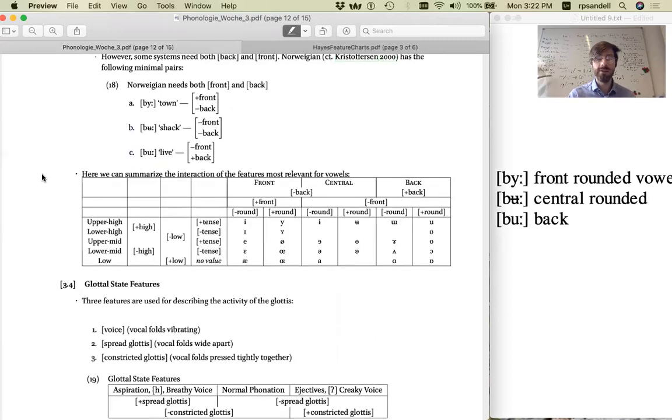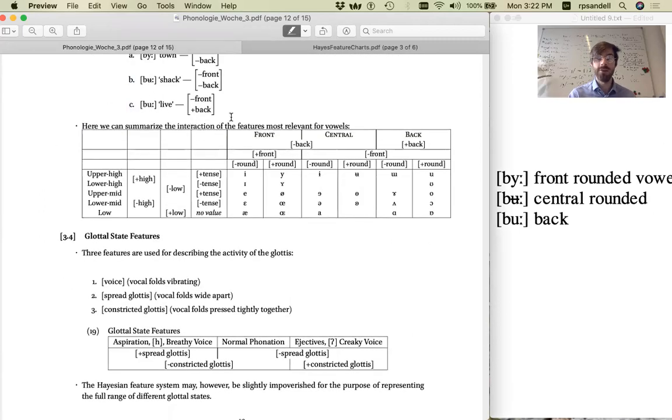So let's now quickly summarize the interaction of the features that are relevant for most vowels in this table.